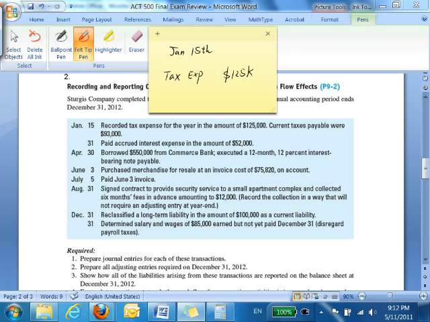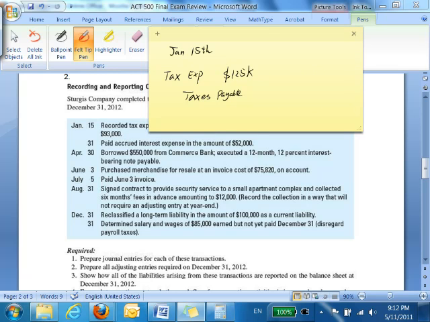Current taxes payable were $93,000. So we have taxes payable, which is a liability account. Any payable account is a liability account. Tax payable liability. Liability increase. We put it on the credit side. $93,000.